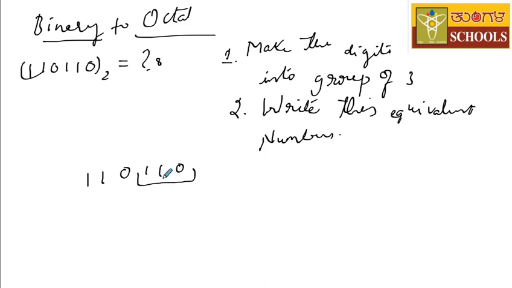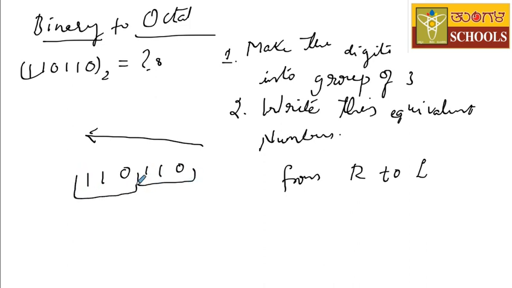How to do the grouping should be from right to left. Remember this. It means that we have to make groups like this. So I made a group like this, and I made one more group like this. Here I have two groups.